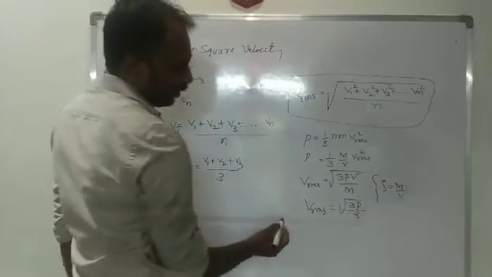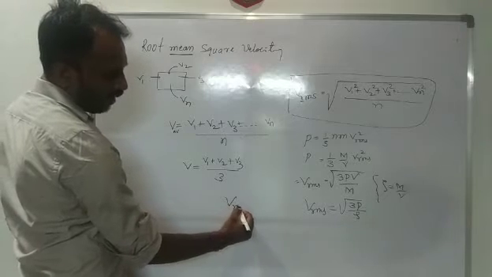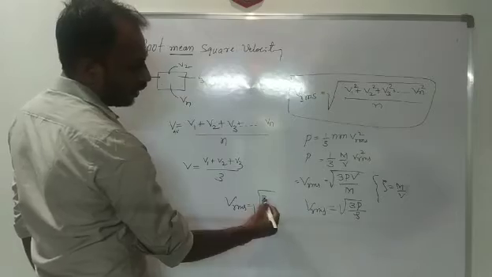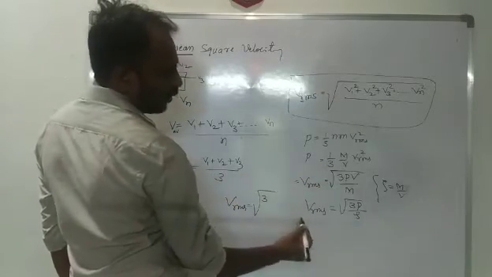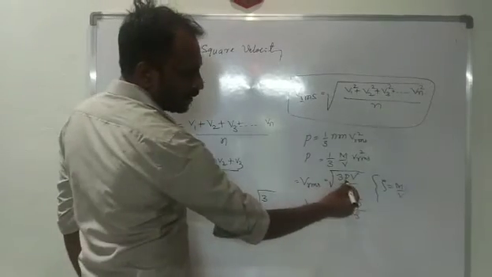Another thing: in this equation, V_rms is equal to the whole root of 3PV divided by M. You already know the ideal gas equation, PV is equal to RT.